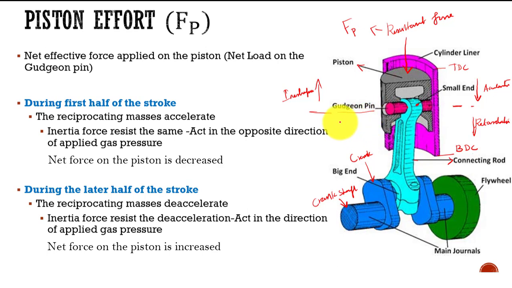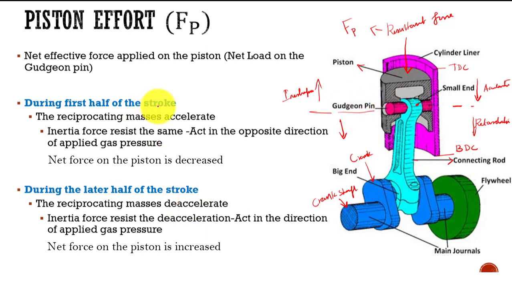So from this point onwards the inertia force direction changes and it goes in the downwards direction, along the direction of the gas pressure. So it helps the motion. That is why it is mentioned that the net force on the piston is increased during the later half of the stroke. Okay, this is a concept that you need to understand.